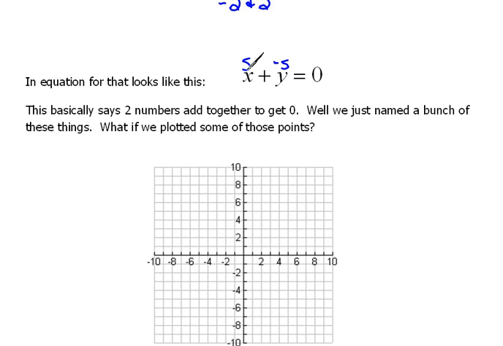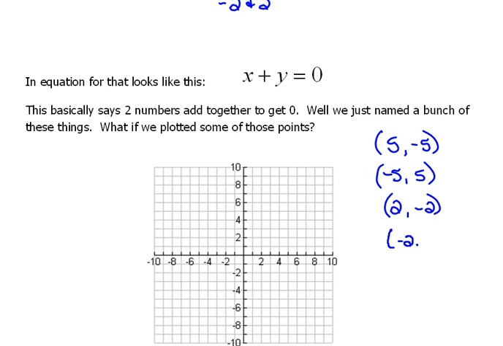So when I used 5 and -5, that's like saying the point where x is 5, y is -5, and according to this equation, if I add these two things together, I should get 0. And that's true. We also did up here, -5 plus 5 gives us 0. We said 2 and -2 gave us 0, or -2 and 2 gives us 0.